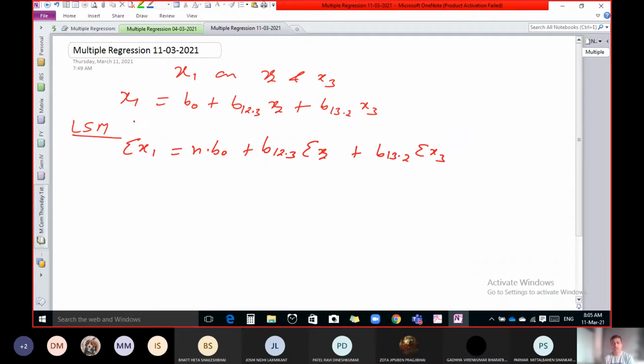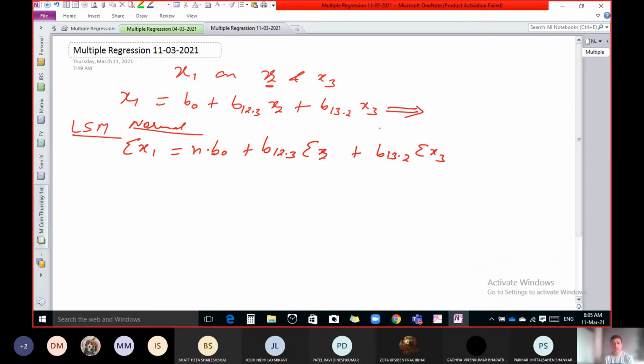First take summation of each step. Taking summation we get this. Here sigma b0, but b0 is a constant, so we get n times b0. Here b is a constant, so we get only sigma x2, and here b is a constant, so we get sigma x3.